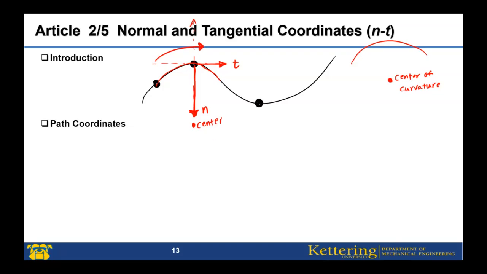Also, for another point, the tangent axis is tangent to the path, in the same direction as the motion. The tangent t-axis is tangent to the path and positive in the direction of the motion.